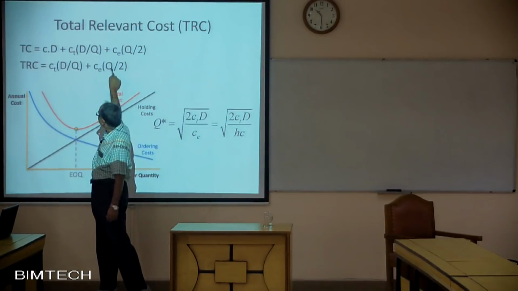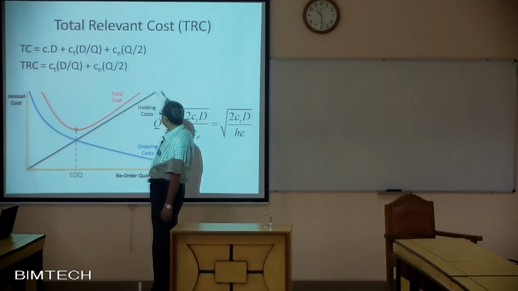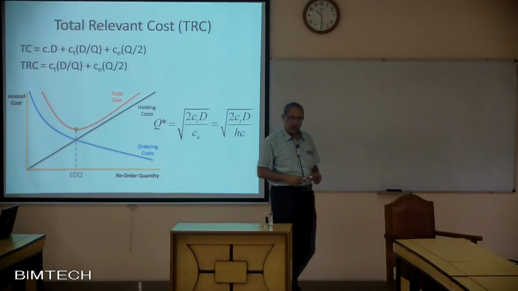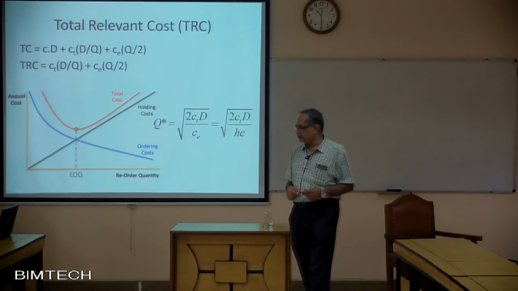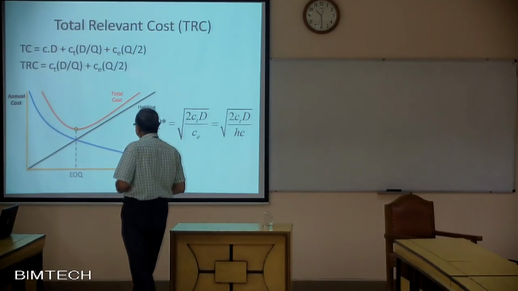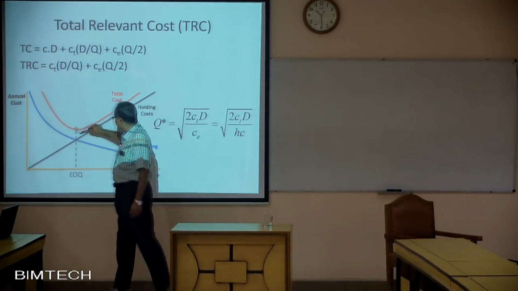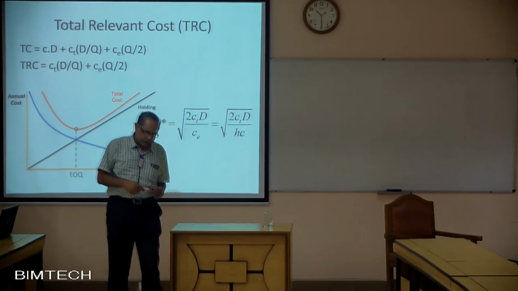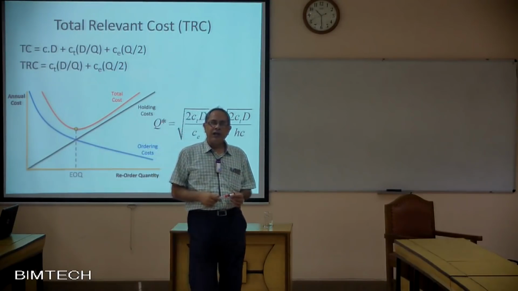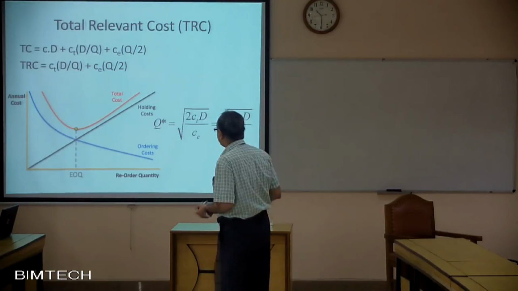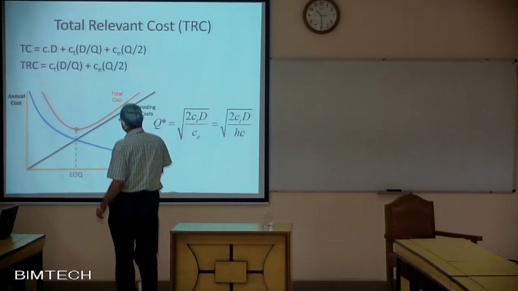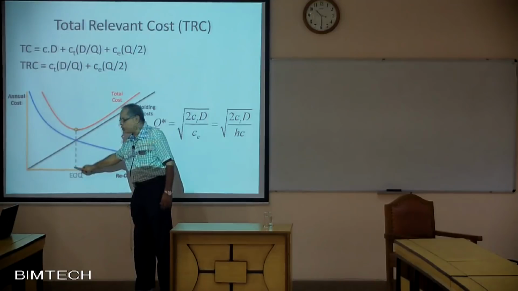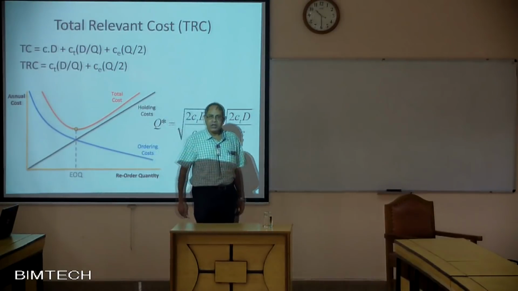The second term is directly varying as Q, and therefore a linear line for the holding cost, and the total relevant cost is the sum, which is the red line that you see. And as you all know, it does have a minima. The minima corresponds to an order quantity which we call the Q star or the EOQ.